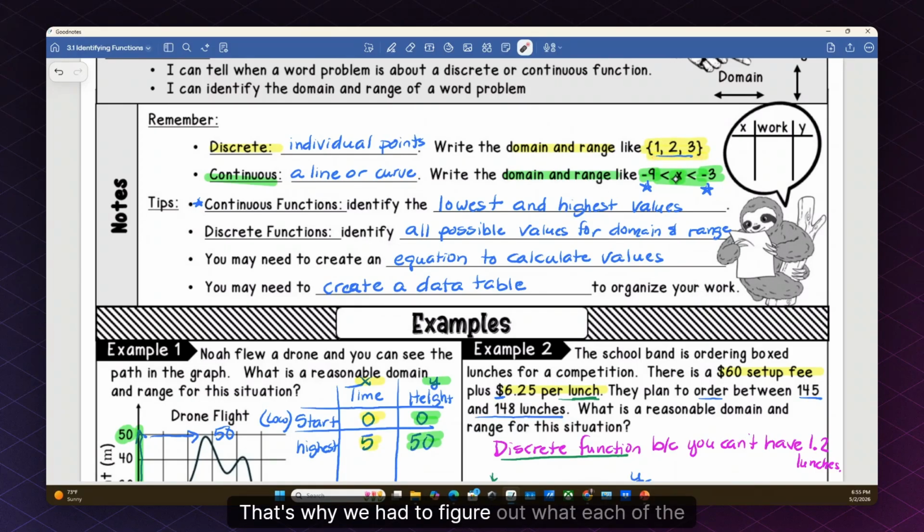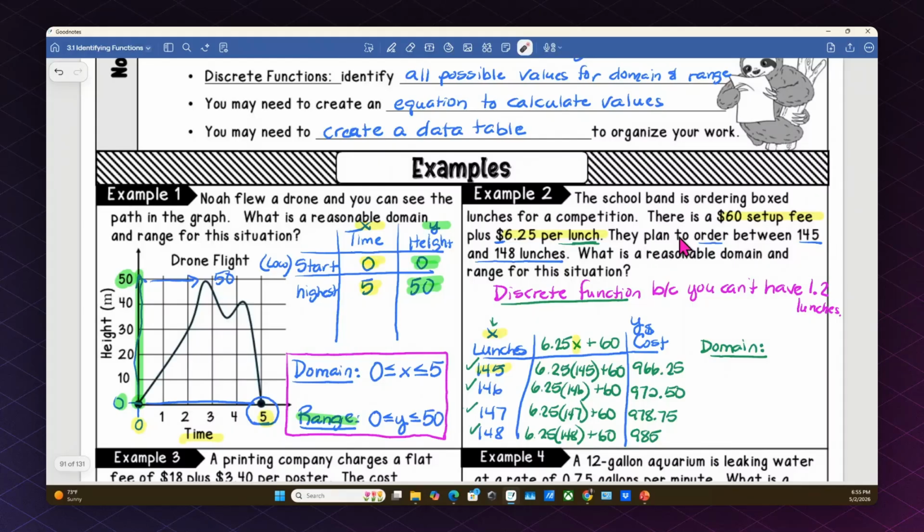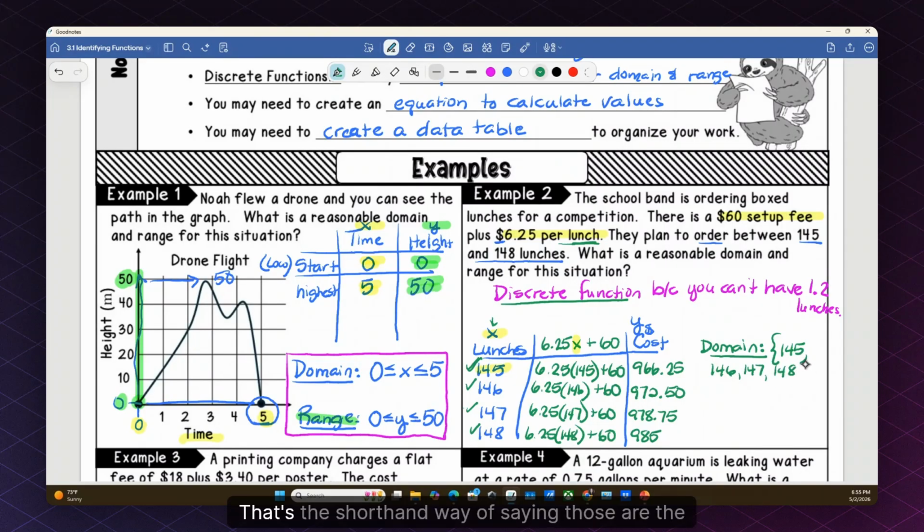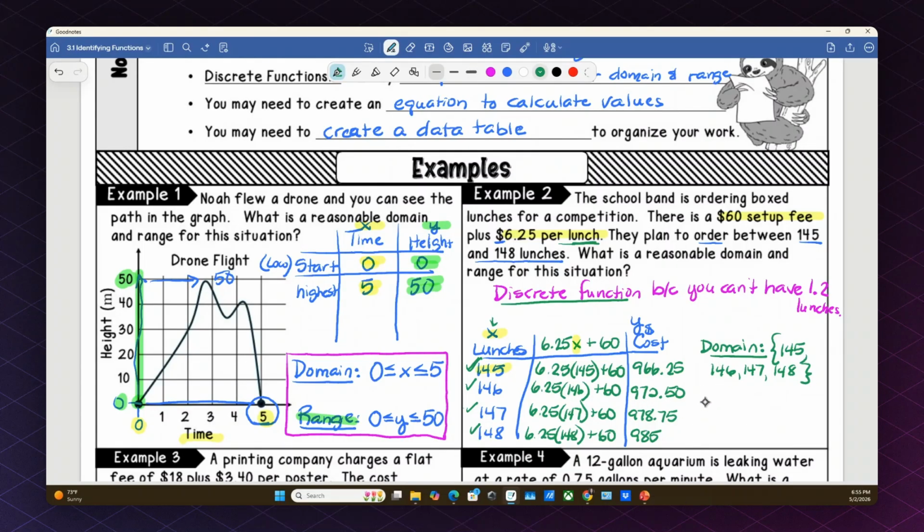That's why we had to figure out what each of the four values were. So my domain, I'm going to list those out. I'm going to put my little curly brace here. So I've got 145. Okay, I checked that one off. That's good. 146, 147, and 148. That's the shorthand way of saying those are the four different numbers of lunches we can buy.